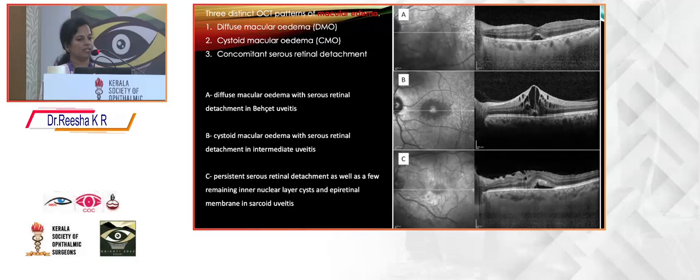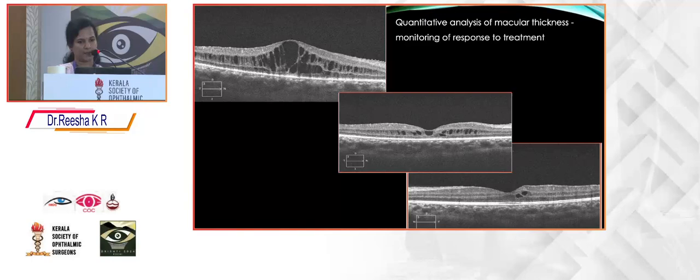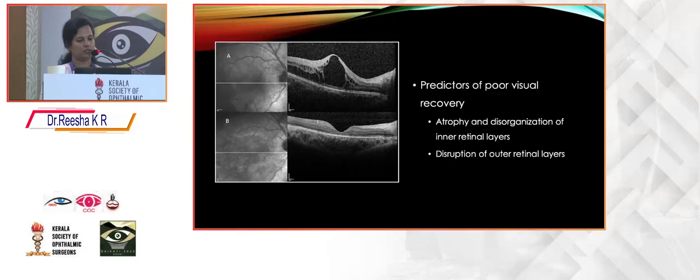And these are the three distinct OCT patterns in uveitic macular edema: diffuse, cystoid, and associated with serous retinal detachment. And we can also quantify the macular thickness so that we can monitor the response to treatment, and also recurrence following reducing dose of steroids.